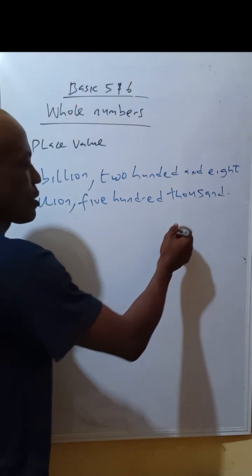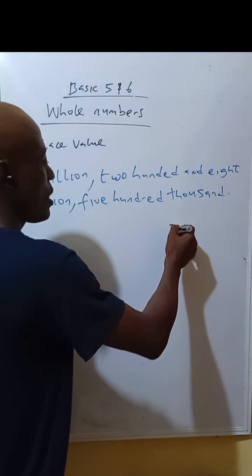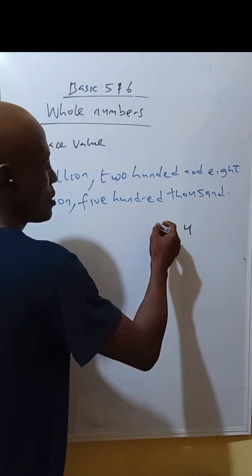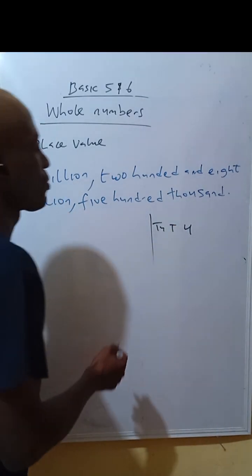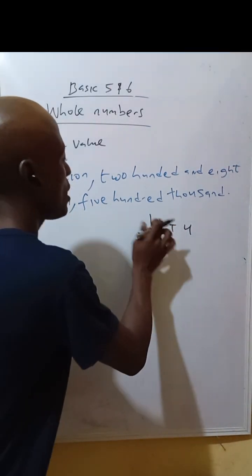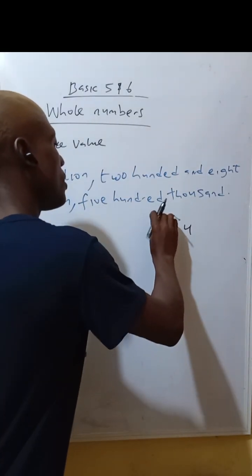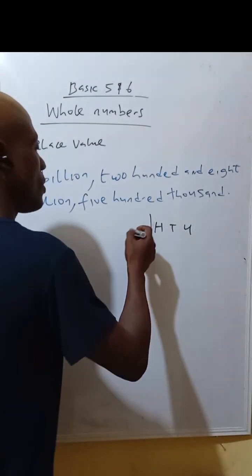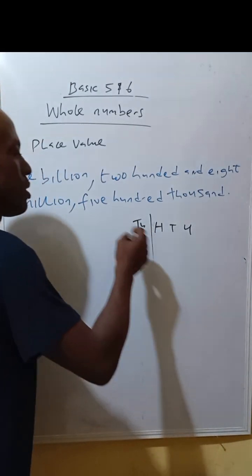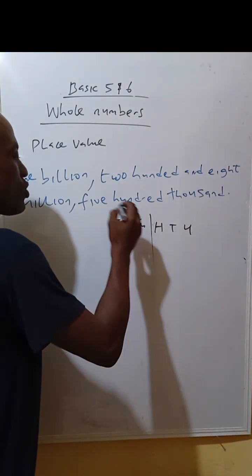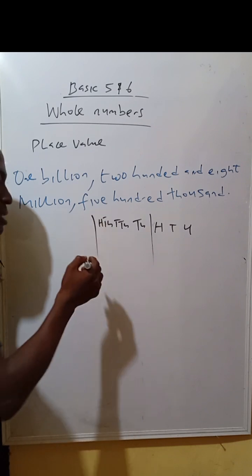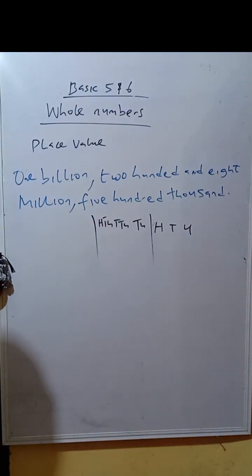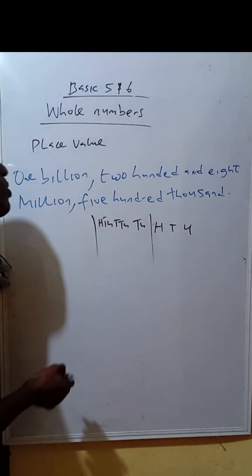You have units, tens, hundred. Then thousand, 10,000, 100,000, with a demarcation after every three digits. I'm going to use this demarcation.